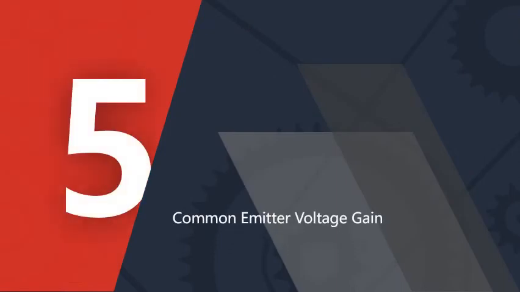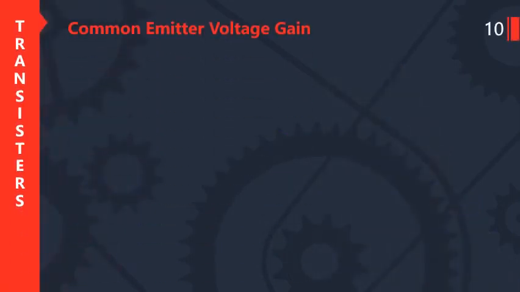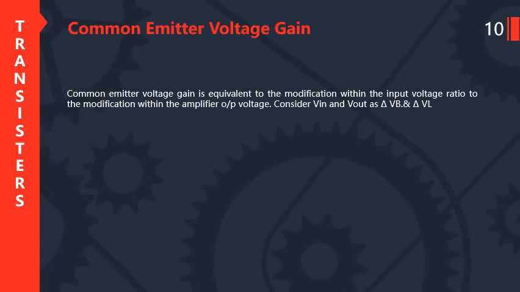The next is common emitter voltage gain. Common emitter voltage gain is equivalent to the ratio of the change in the output voltage to the change in the input voltage.